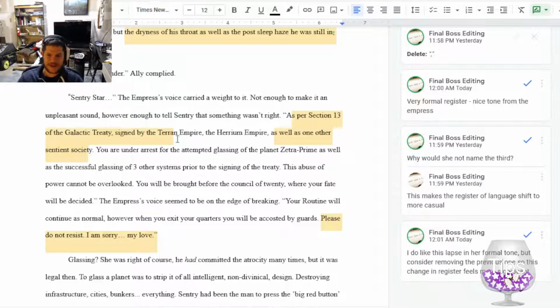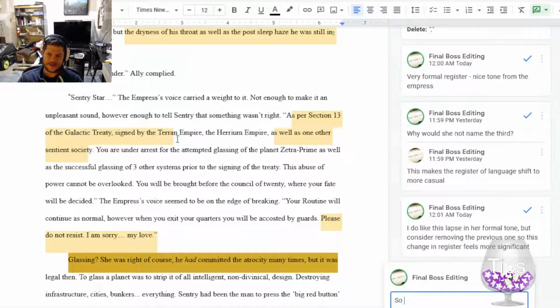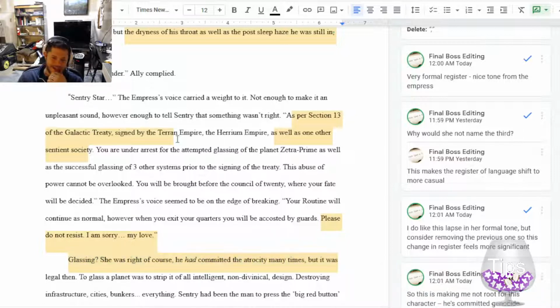Glassing. So this is making me not root for this character. He's committed genocide. Yeah, so again, I hate this character, and even though he's like, oh, I'm having a bad day because I got a message, that falls away because I'm like, well, this person deserves a bad day.